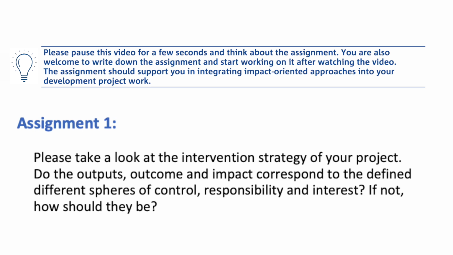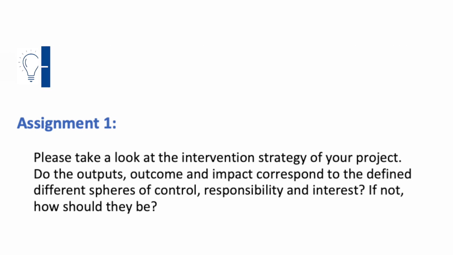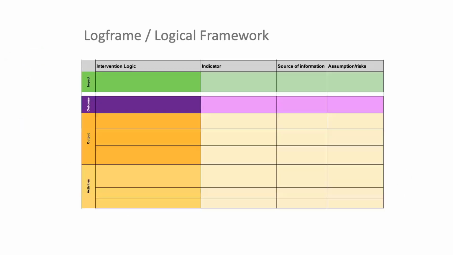Think about it and then discuss it with your colleagues. This would be your first assignment. Fill in the first column of the log frame or logical framework, where you also have the impact, outcome, output level. And for the log frame as such, then you define just some key activities for each output.